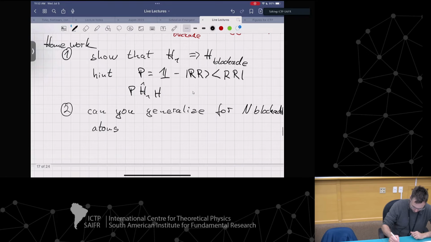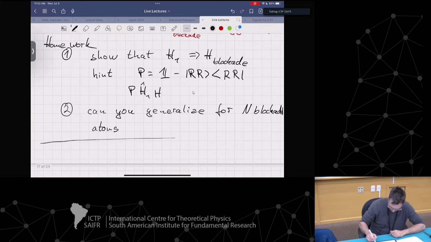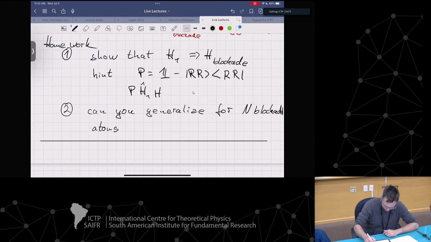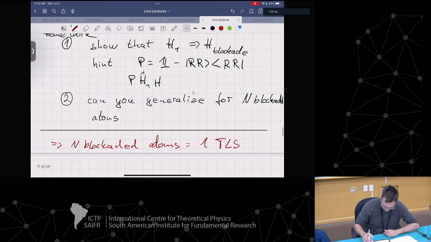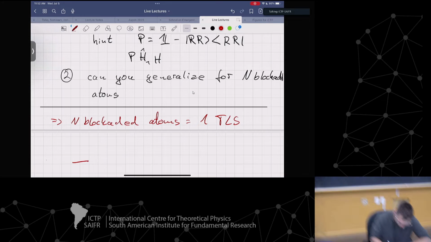Okay, so this is the homework. The outcome of the homework is that n blockaded atoms is equal to one 2-level system where you just have everything in the ground state.